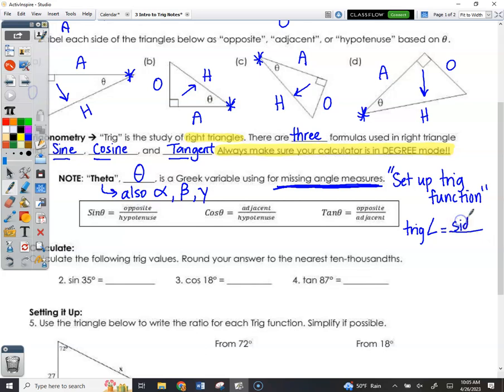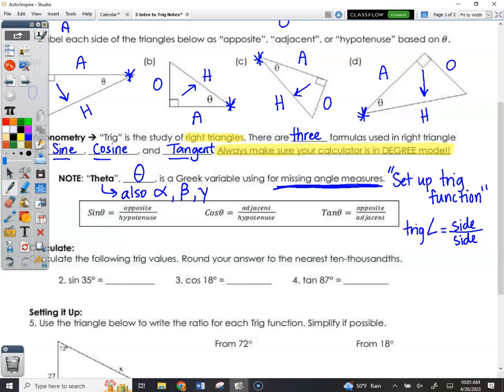You're going to have one side here and one side here. So you're going to write either sine, cosine, or tangent, angle measure, equals, fraction bar, and in the fraction goes just two of the three sides. Just two of them. Now how do you know what sides go there?